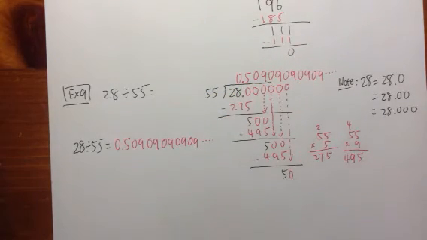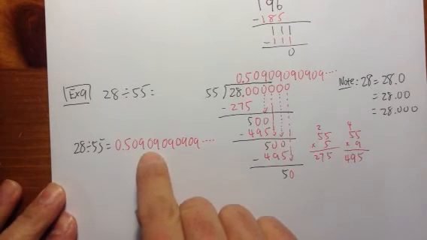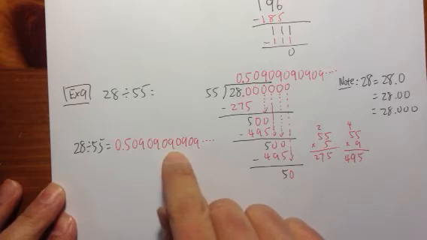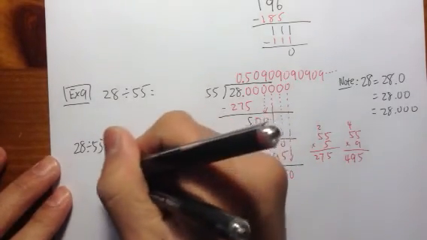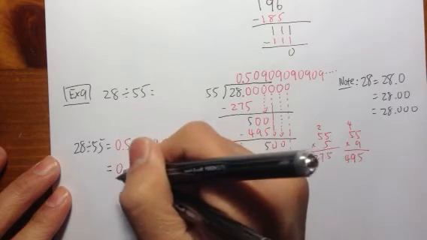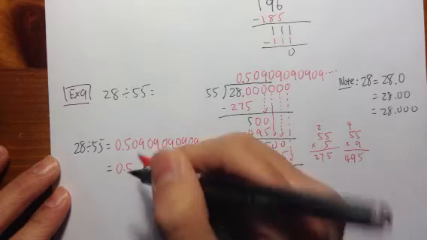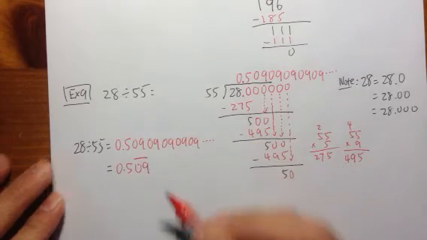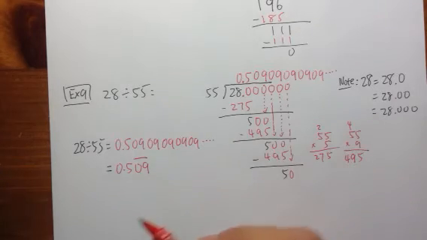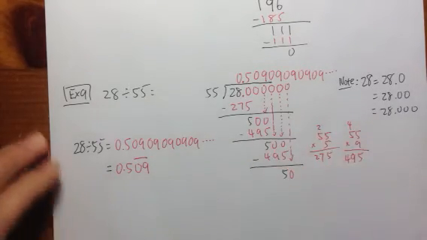What are the only digits that are repeating? It's only the 0 and the 9. Therefore, when you put a bar, we're just going to write it as 0.5 and then 0, 9 with the bar over the 0, 9, because the only two digits that are repeating are 0 and 9.